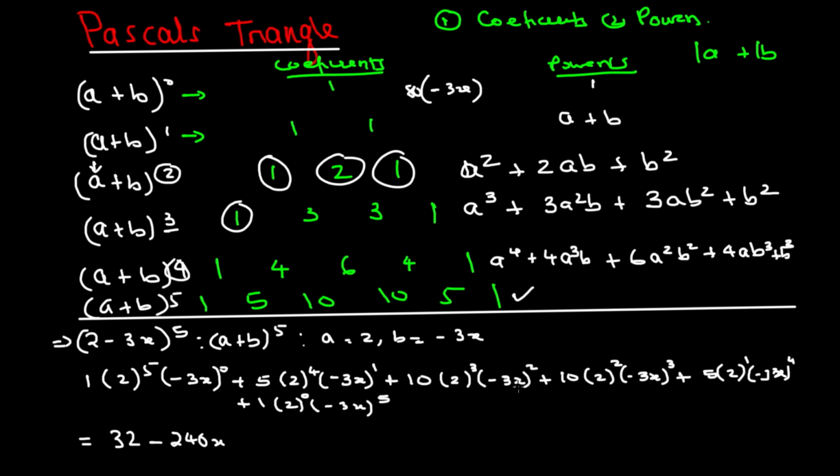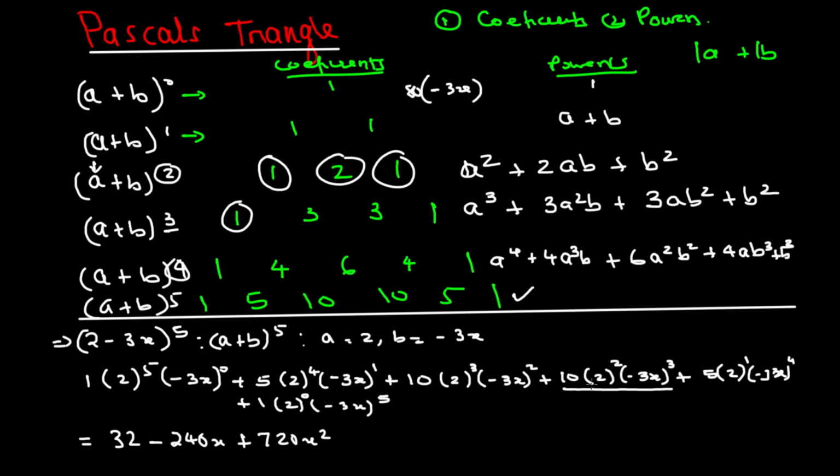Now we're squaring here. So it means that we'll have a positive 9. And then here we'll have x squared. So together 80 times 9 is 720. And then we have a positive there. So it's plus 720x squared. We go to this term here.